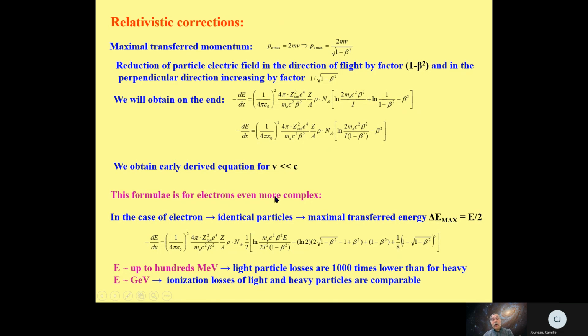The same formula, this Bethe-Bloch formula, is for electrons even more complex. As I said, in this case the electron has the same mass as the electron in the atom, and the maximal transferred energy is E divided by 2, and in the end you will obtain a very complex function and a very complex equation.